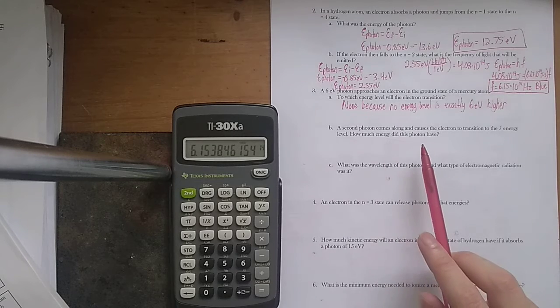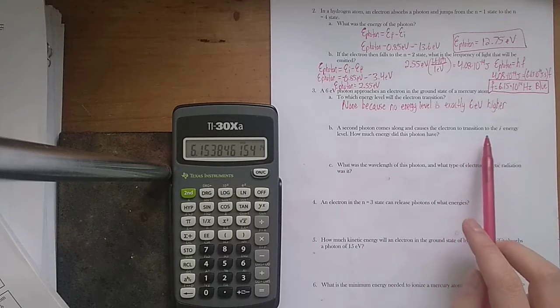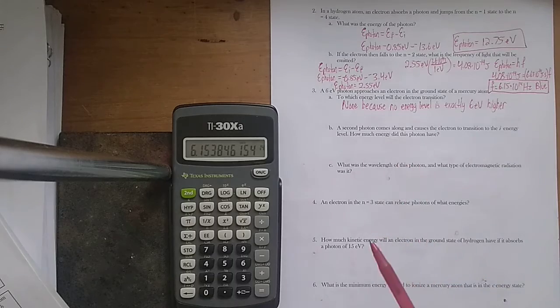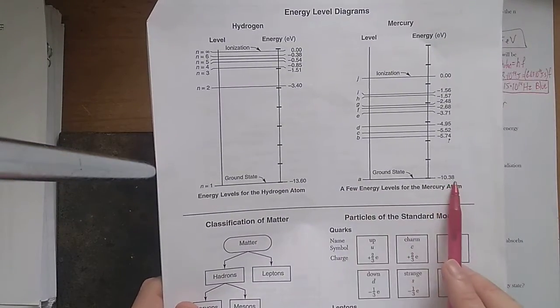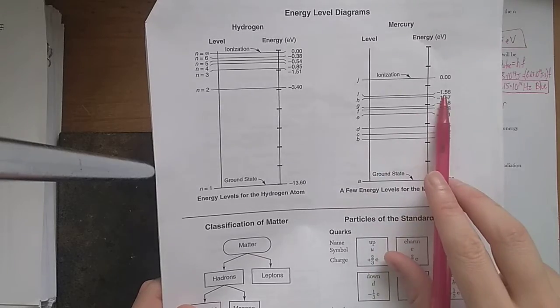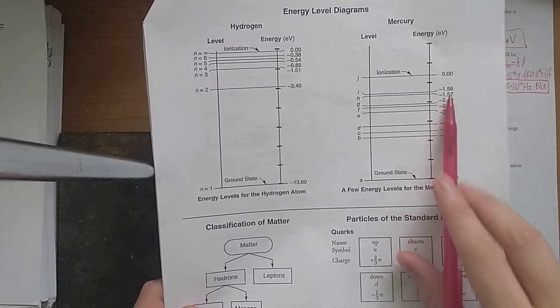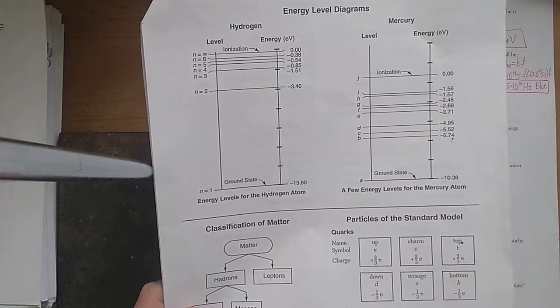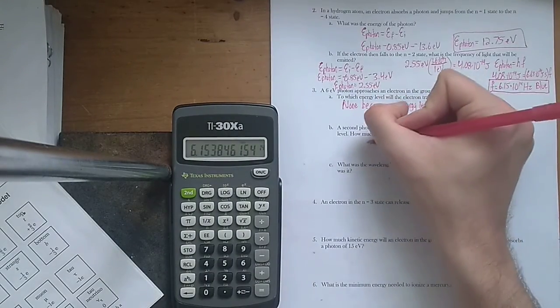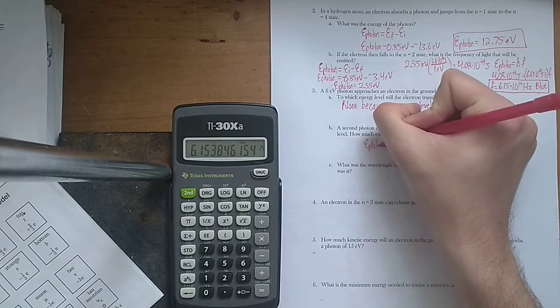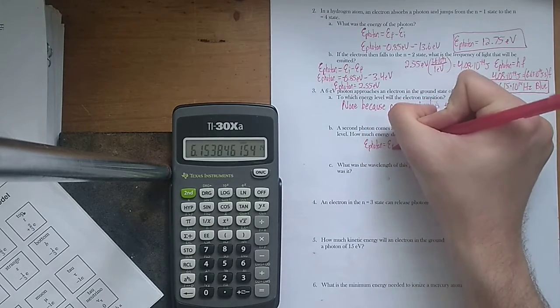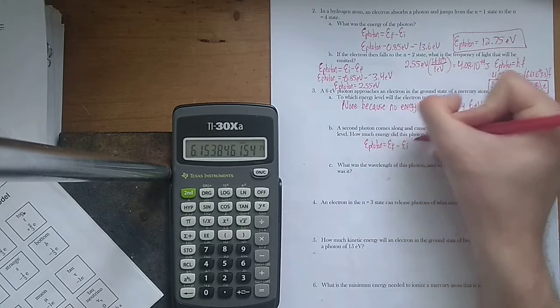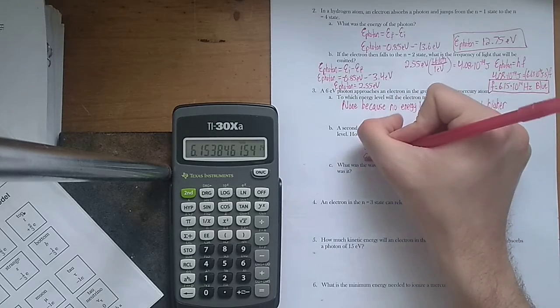Okay, a second photon comes along and causes the electron to transition to the I energy level. How much energy did this photon have? So if it's in the ground state, or A state, and it goes up to I, where the energy level is negative 1.56, the photon must have had exactly the difference between those energies. Since this is an absorbed photon, we're going to use E photon equals E final minus E initial.